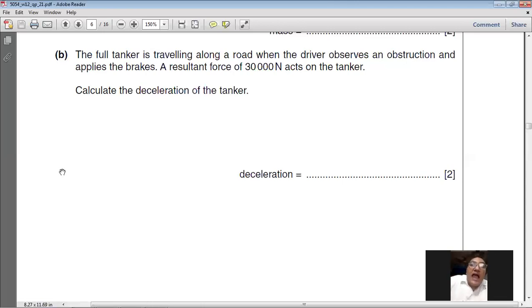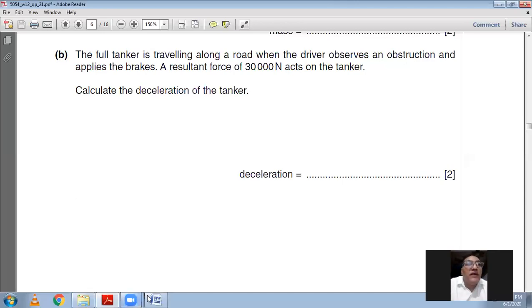F is equal to ma, Newton's second law of motion. So a equals F divided by m. 30,000 divided by 2.5 times 10 to the power 4, and my answer will be 1.2 meter per second square.